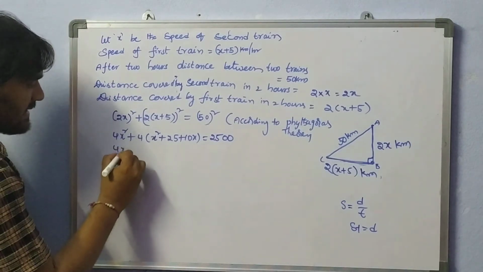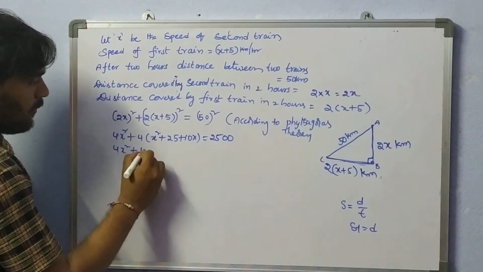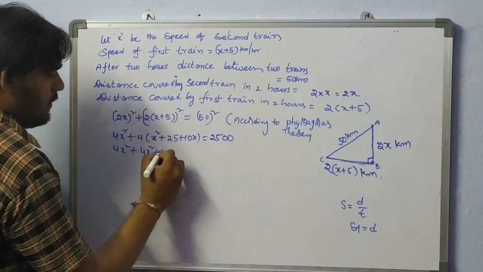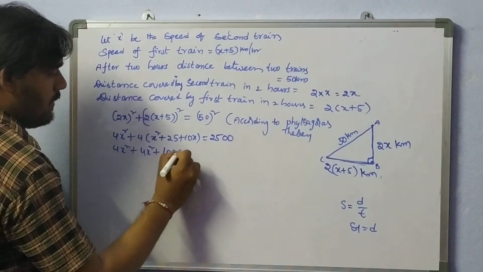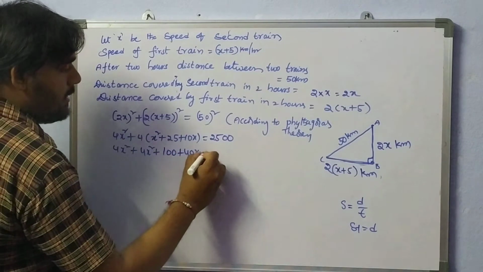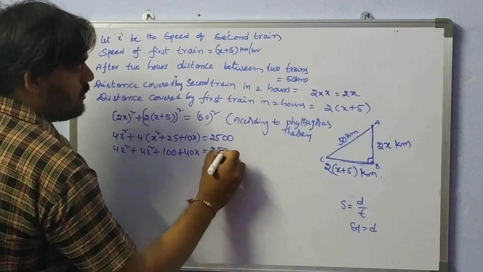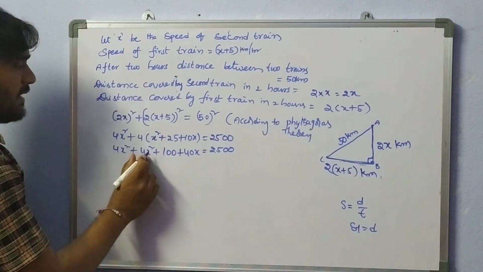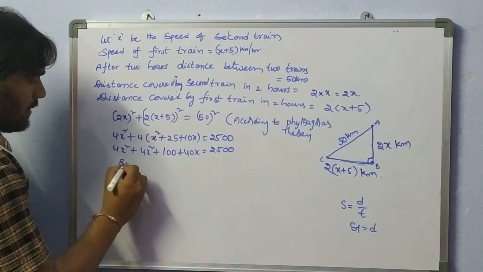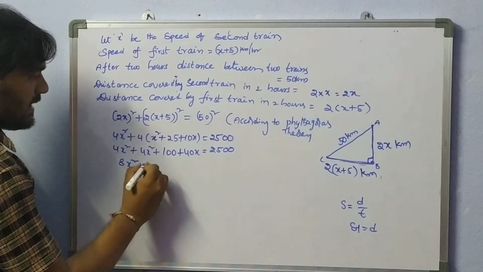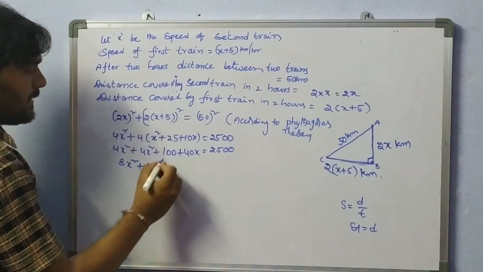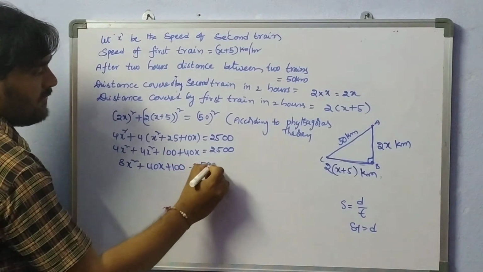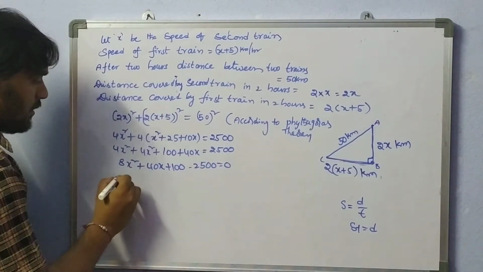Now 4x square plus 4x square plus 100 plus 40x is equal to 2500. Now 4x square plus 4x square, 8x square plus 40x plus 100 minus 2500 is equal to 0.